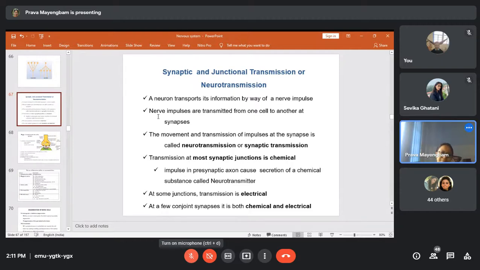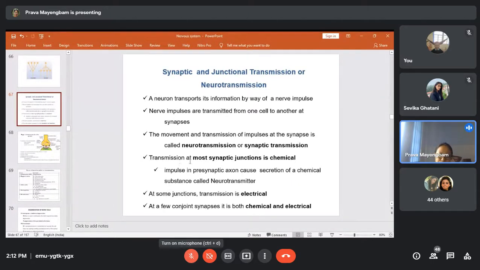The nerve impulses are transmitted from one cell to another at the synapses. So I don't need to explain here again. We have discussed all these points already in previous two classes. The movement and transmission of impulses at the synapse is called neurotransmission or synaptic transmission.